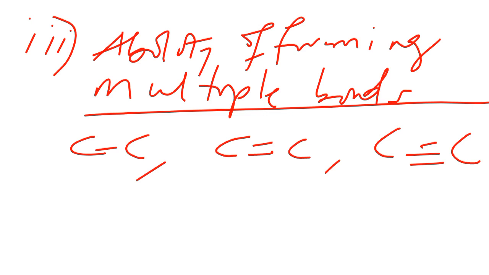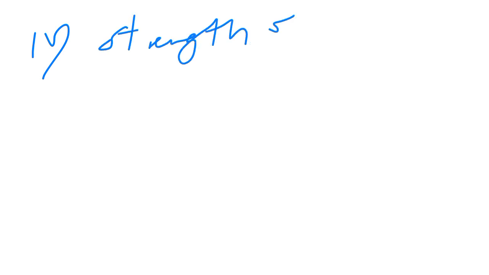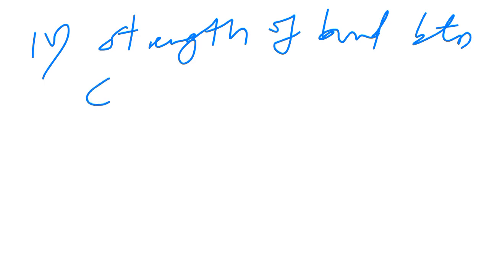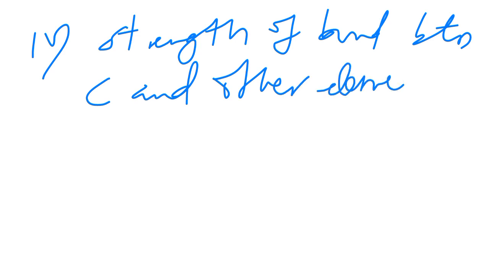And another thing, we're going to look at the 4th character. The 4th character is about the strength of bonds between carbon and other elements.